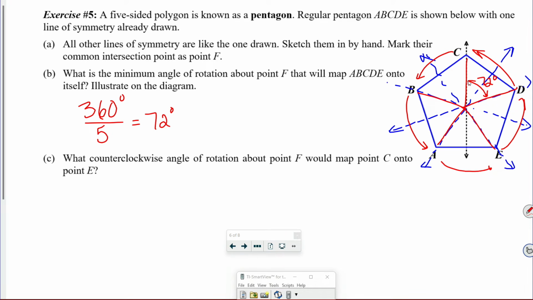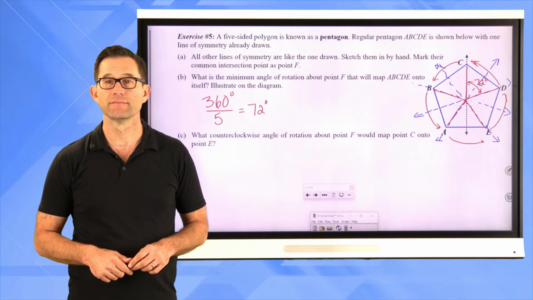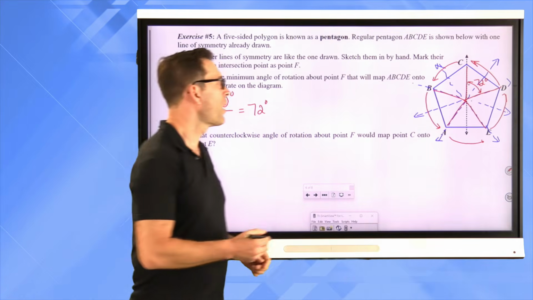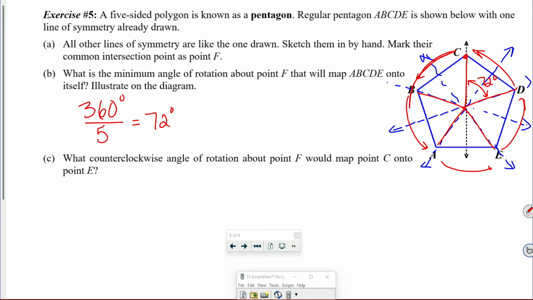What counterclockwise angle of rotation about point F would map point C onto point E? All right, see if you can figure out this. Okay, well, I want to take point C, I want to rotate it counterclockwise so that it ends up at point E, right?